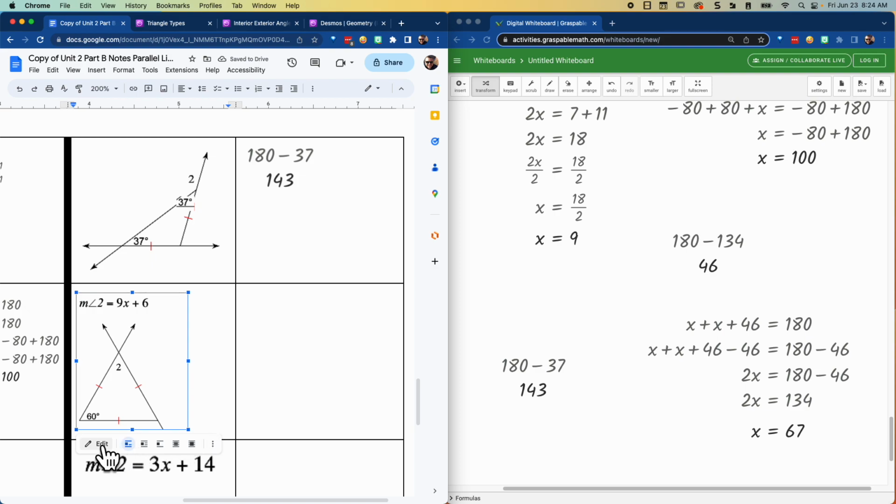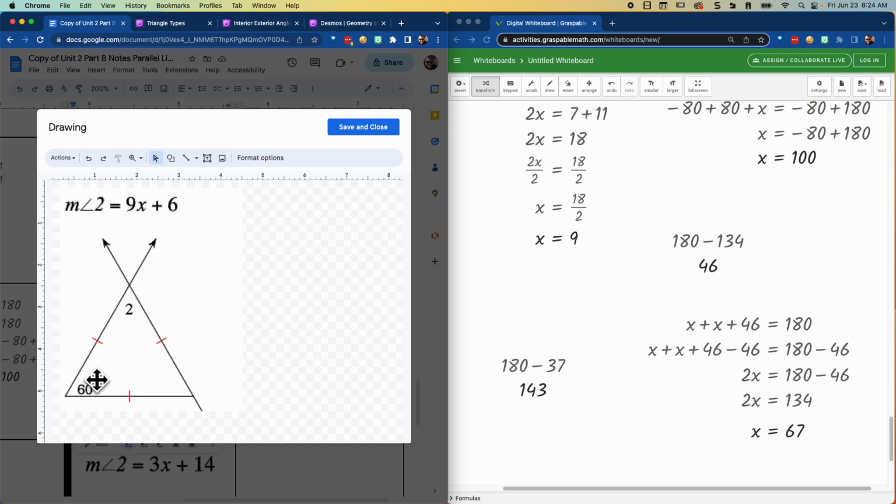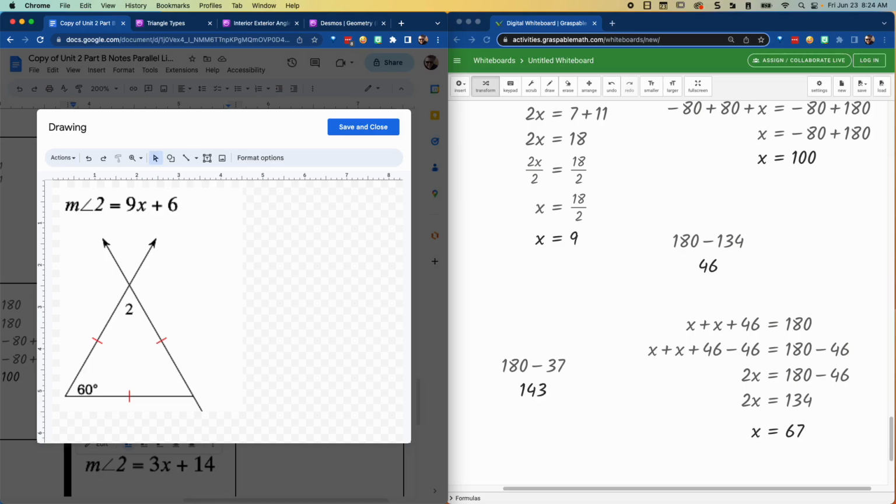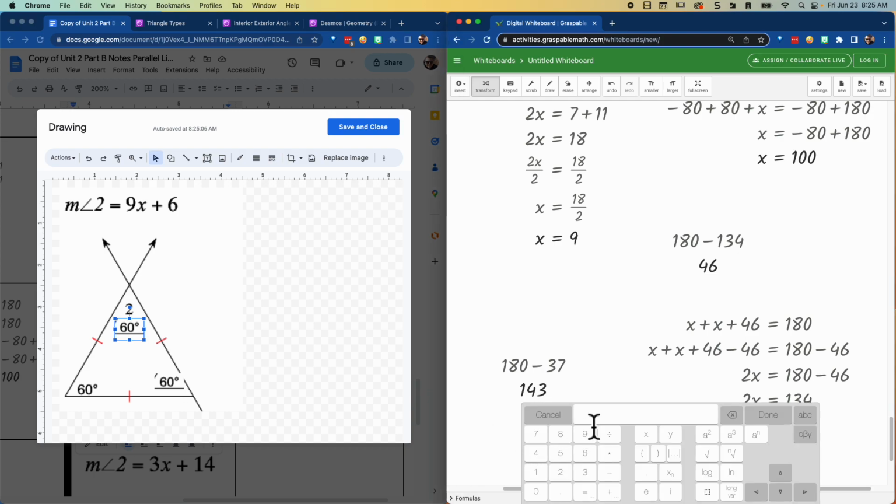All right, let's do another one. We see that this is 60, this is 60, but here's the interesting piece to this picture. I notice that I have 60, and I'm going to paste it here, but if it's a 60-60 triangle, it's going to be 60-60-60. So measure of angle 2 is also equal to 60. So I could say 9x plus 6 equals 60.